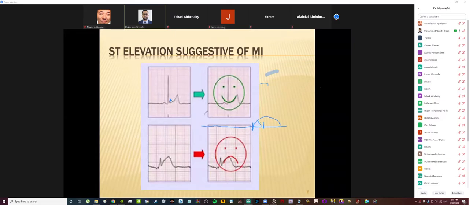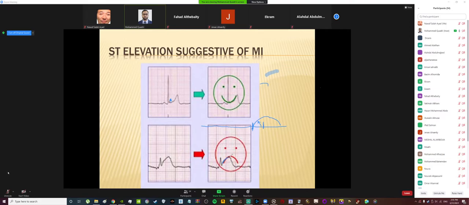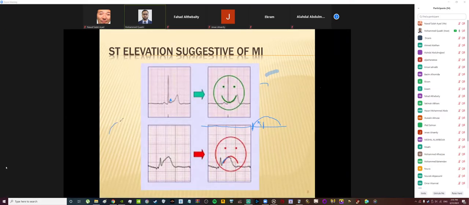The second condition is that the elevation should have convexity upwards. Can you make out convexity upward in this elevation? Do you understand the term convexity? Convexity means, if I am drawing a curved line like this, let me erase this one first.